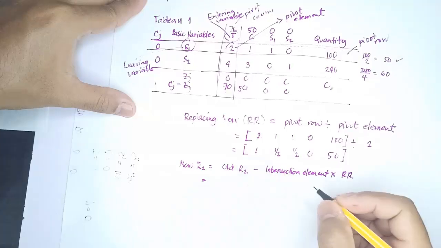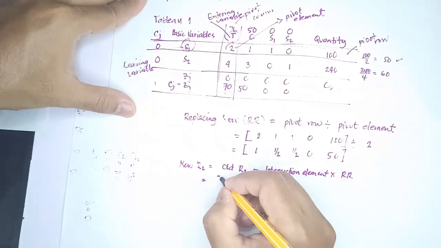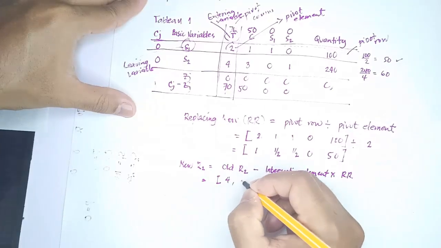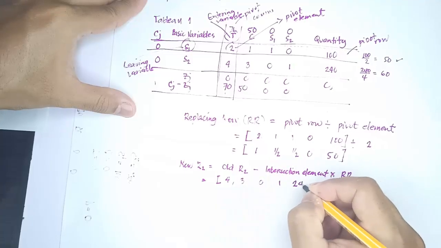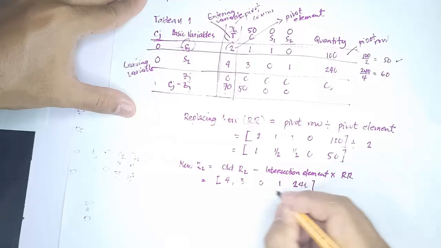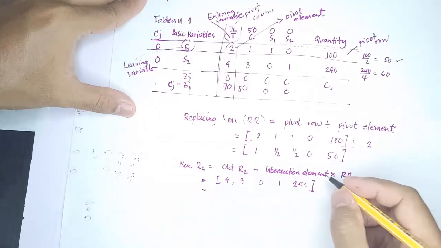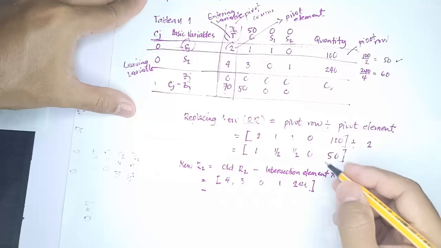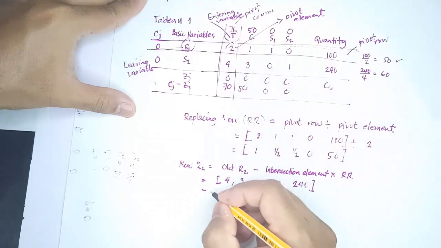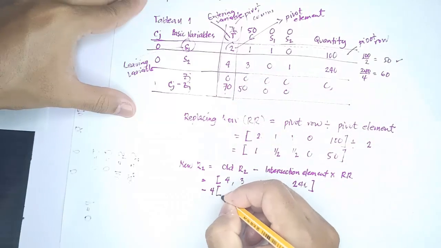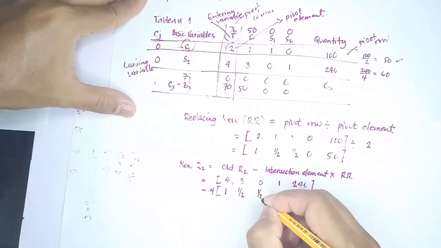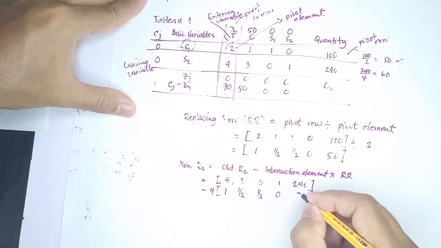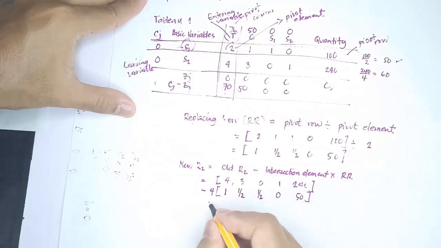The old row 2 has elements 4, 3, 0, 1, 240, minus the intersection element for row 2, which is 4, times the replacing row 1, 1 half, 1 half, 0, 50.